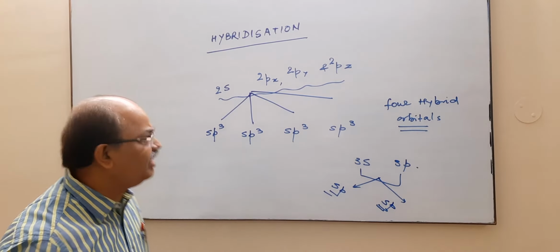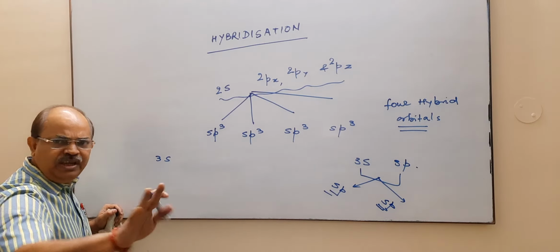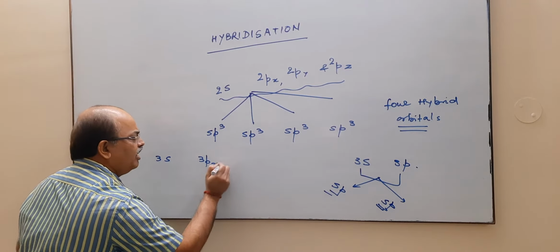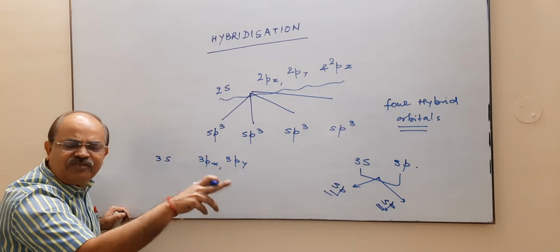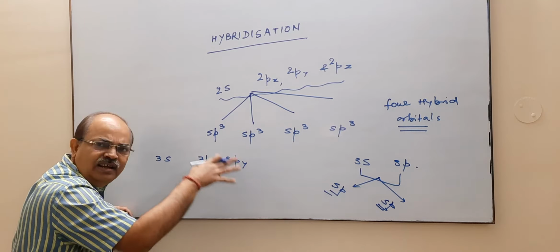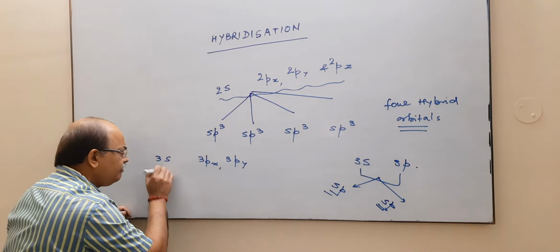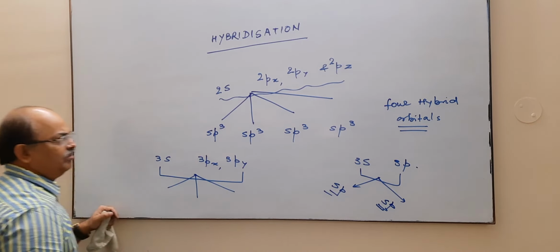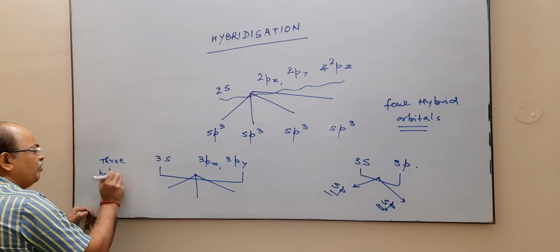ठीक इसी तरह आप कहते कि एक ऐसा है, suppose 3s और 2p. 2p means either it will be 3px or 3py or 3pz. उस 3p में से, out of that 3p, px, py, pz, only 2 different p, either px or py, then they will form 3 hybrid orbitals.